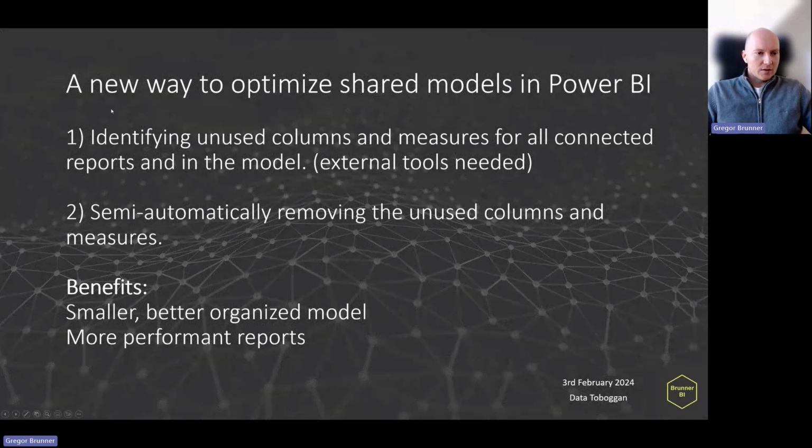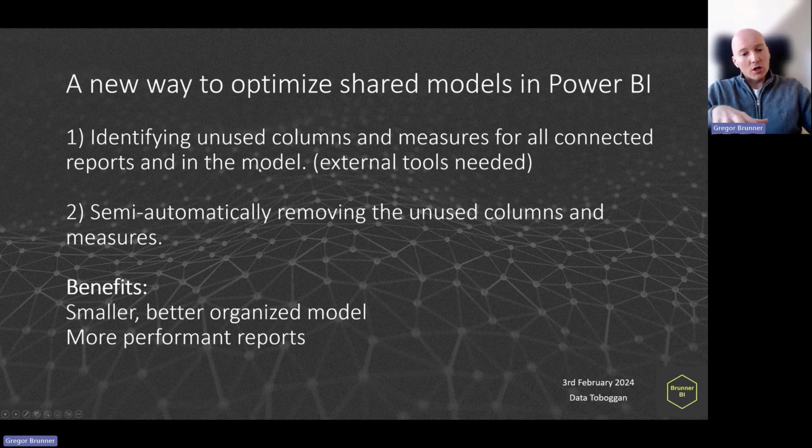But this approach is about finding the unused columns and measures, meaning whatever we have in the model, what is not currently used in all the reports, we want to include in our analysis. All of the unused columns and measures, we want to find them and we want to remove them, because if nobody's using them or nobody has been using them so far, probably they're not needed.